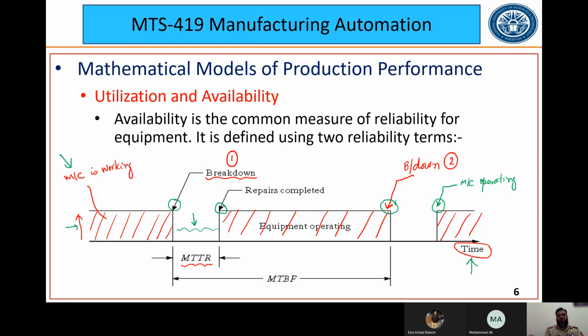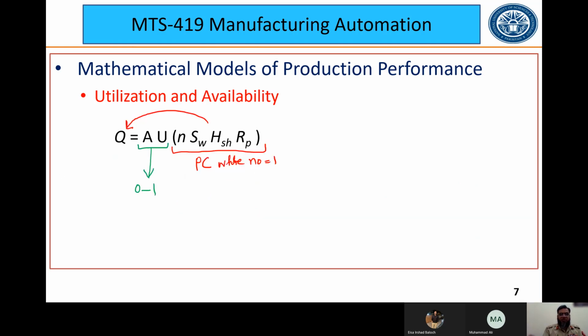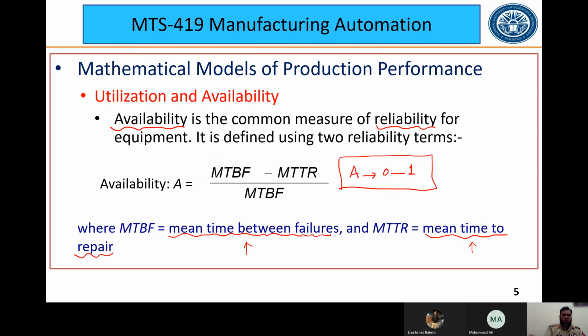So what we are interested in, to make our system reliable or make our system remain available to us, is that the mean time between failure should be high and mean time to repair should be reduced.